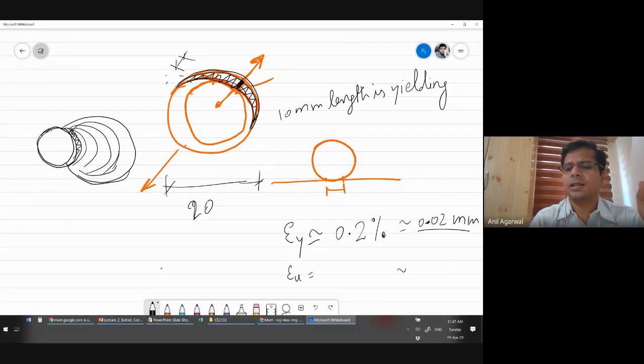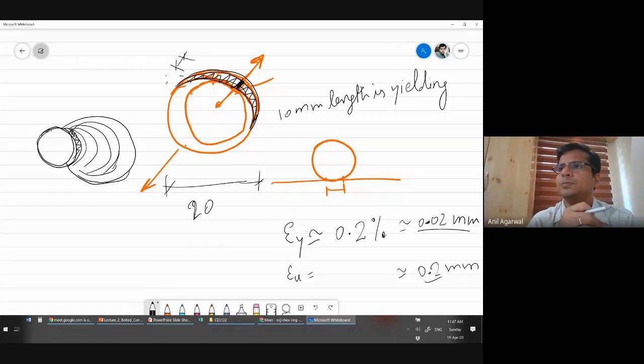So at 10 times this strain, that is 0.2 mm, you will achieve something like epsilon u, the ultimate strain. And that is okay. 0.2 mm is not bad news, and we are limiting it to the FU value. FU is the failure basically, so it should not go beyond failure. Even as it approaches FU, we will of course put in factors of safety and everything.